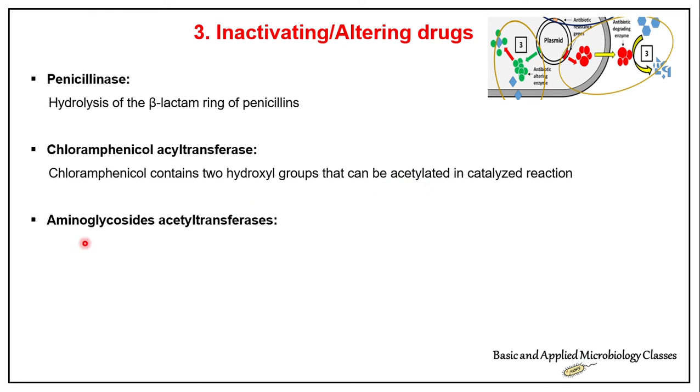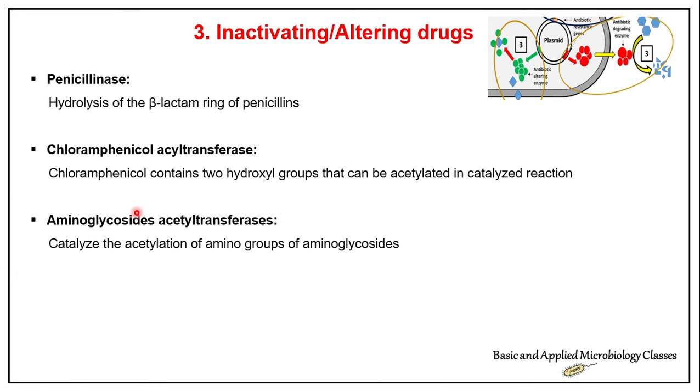Now you see the third example, aminoglycoside acetyl transferase. Here again, acetyl transferase enzyme is there, which will be transferring an acetyl group to aminoglycosides. Aminoglycosides represent a group of antibiotics which include kanamycin, gentamicin. The bacteria which develop resistance against aminoglycosides use such kind of enzymes.